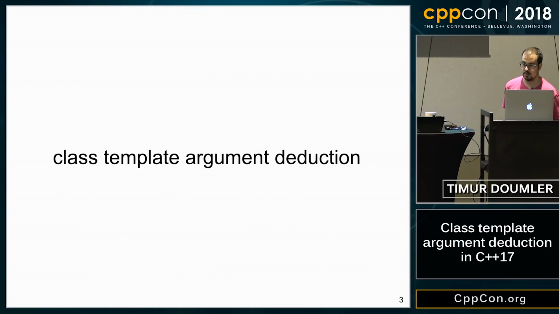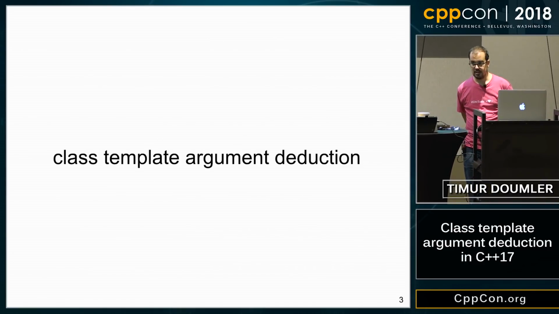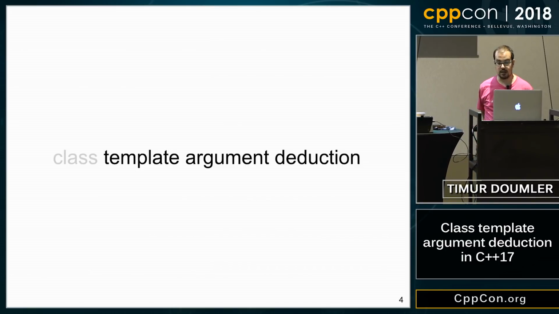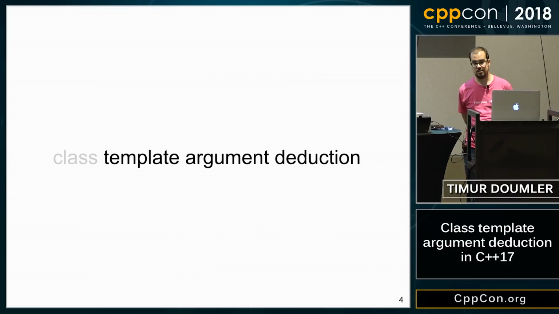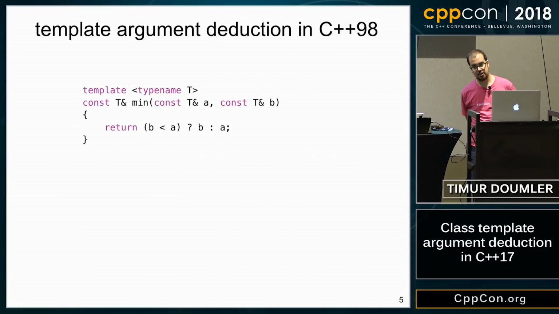Right, class template argument deduction. This is not really something new, because we already had template argument deduction in C++ since C++98, and this is basically just an extension of it. Template argument deduction in C++98 works on freestanding functions, function templates.